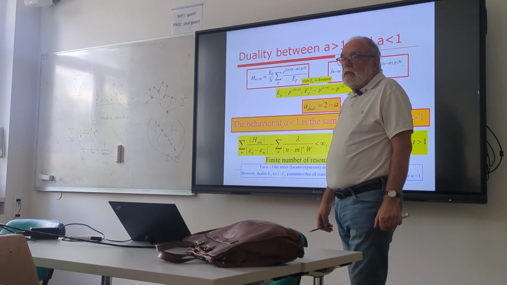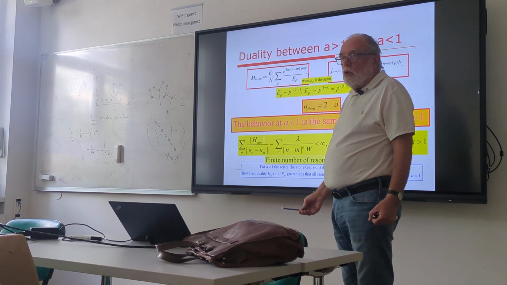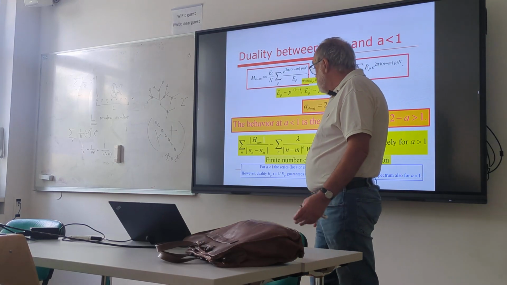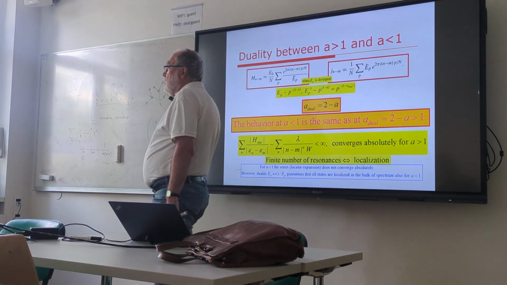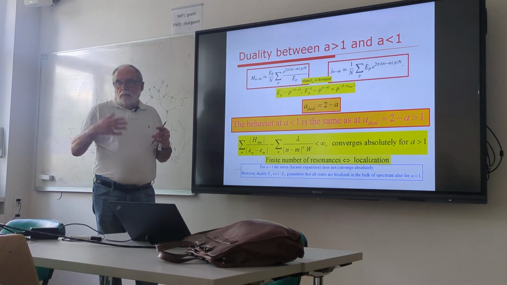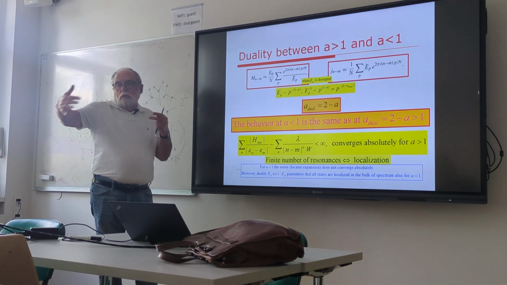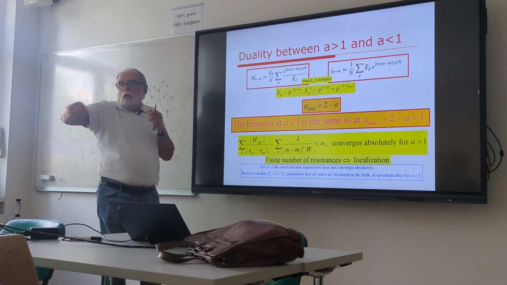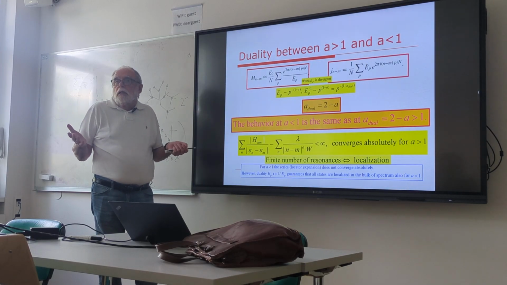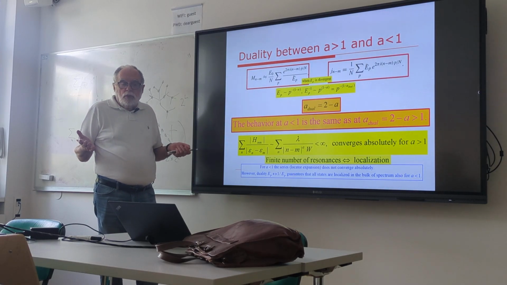And this means that even if A is smaller than 1, we have localization. But this localization appears only because of the phases. And I told you, there is one long hop, 2 shorter, 3 hops, and phases are important.